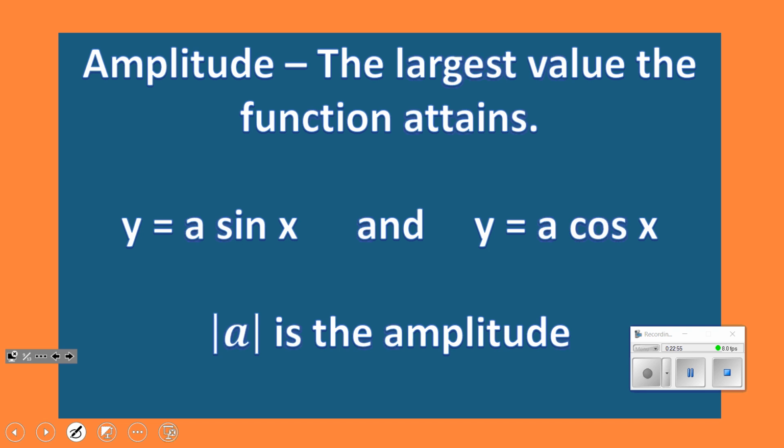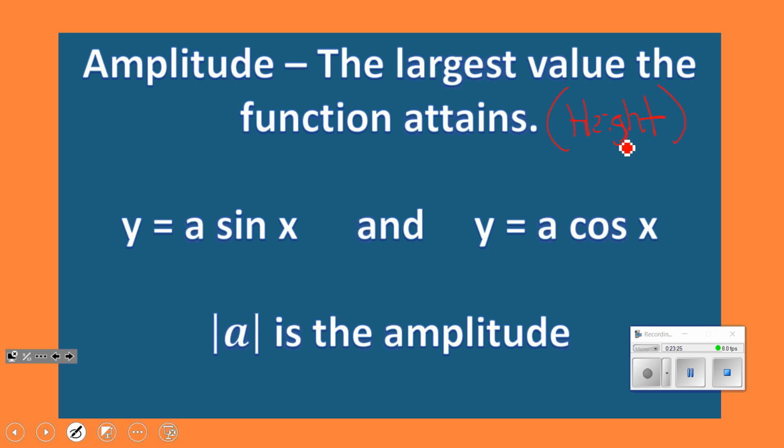So let's talk about our amplitude. Amplitude is the largest value the function attains, meaning, in plain English, the height. What's the amplitude of the basic function?